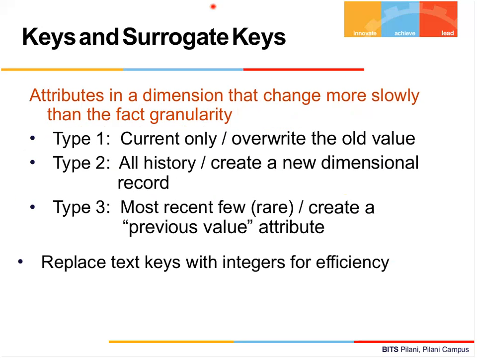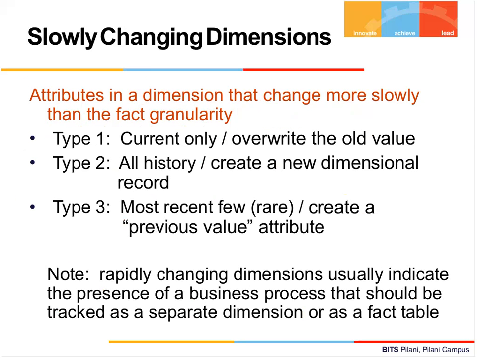Okay. So now, what are slowly changing dimensions? This is another example that I was giving just a few minutes ago. So I move from the northern region to the southern region, and it could be a business decision for me: I don't care about this change. I just overwrite it. Okay, so that could be the type 1 change.